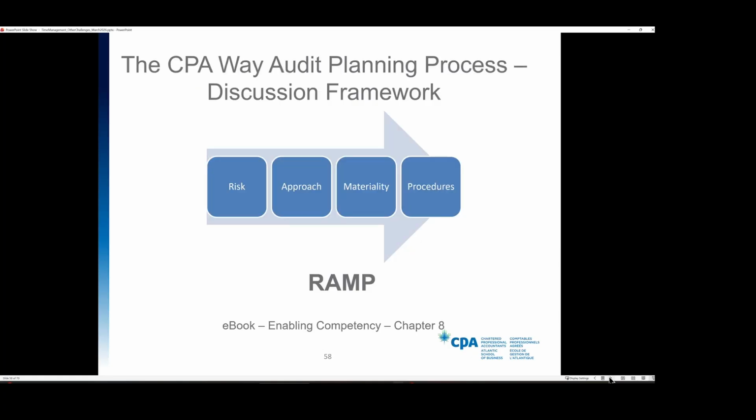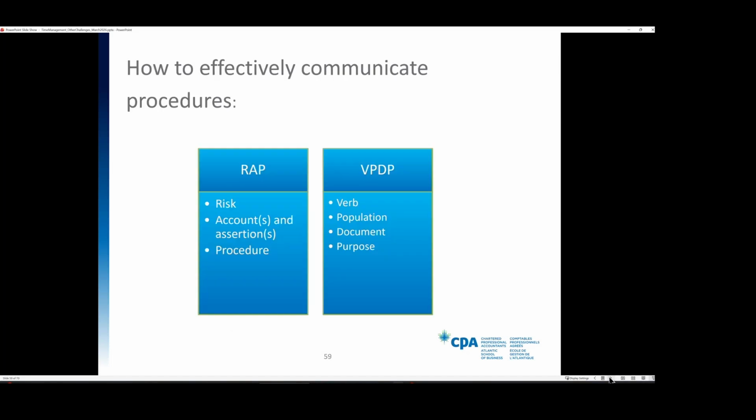When you're asked to create an audit planning memo, think of RAMP. You need to address risk, approach, materiality, and procedures. When you're communicating those procedures, again, the appropriate discussion structure to use is RAMP: risk, accounts and assertions, procedures.